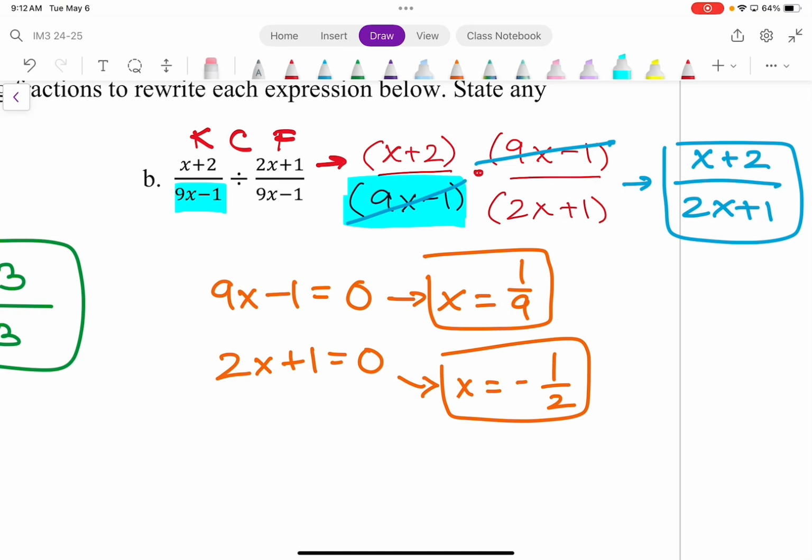Okay. So typically, you want to find excluded values before you cancel things out. I just kind of got ahead of myself and did that. But yeah, so you're finding excluded values on these two. No, not yet. All right. Let's label these excluded values.